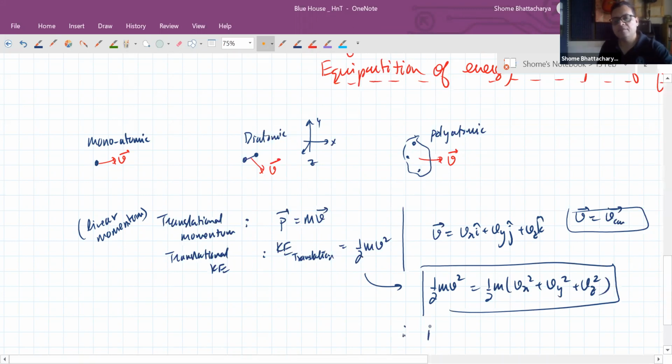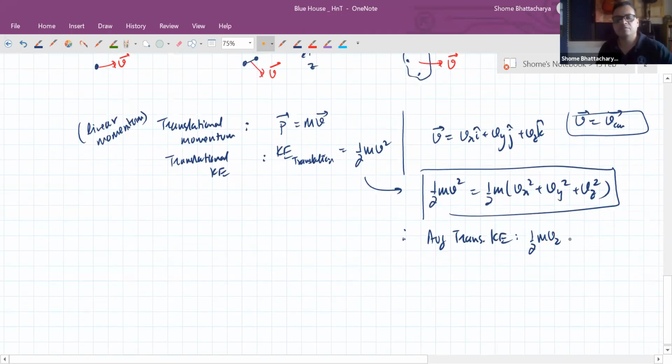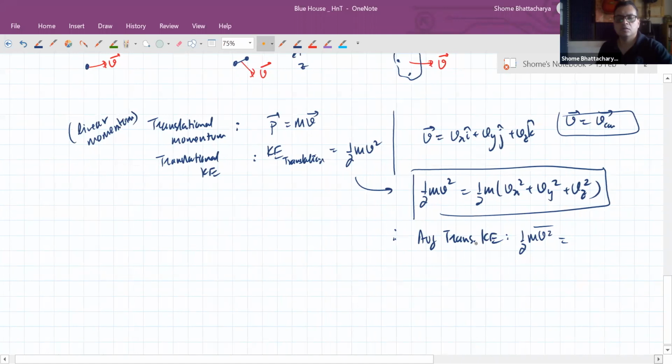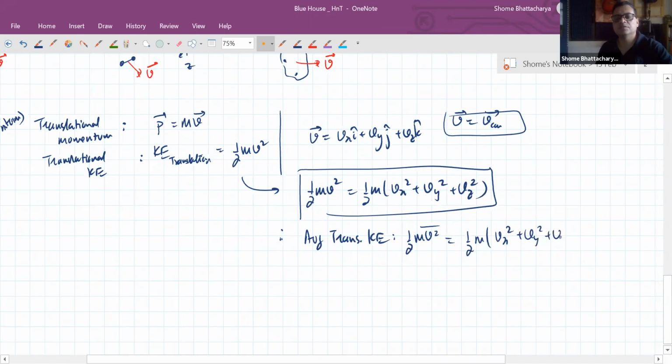So the average translational kinetic energy is the average of half mv squares, which becomes half m times the average of vx square plus vy square plus vz square, so half m vx squares average plus vy squares average plus vz squares average. Over here v squares average is nothing but v RMS square.